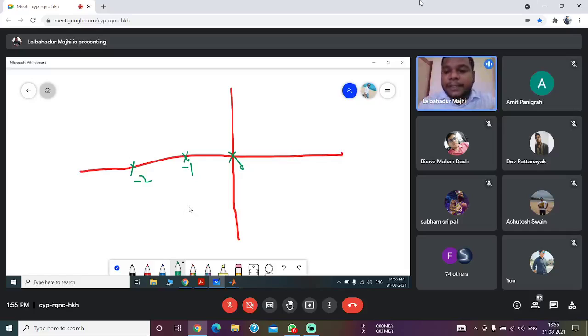We have calculated the centroid to be minus 1, so from this point we will draw the asymptotes. One is this 60 degree, another is this 180 degree, another is this 300 degree.